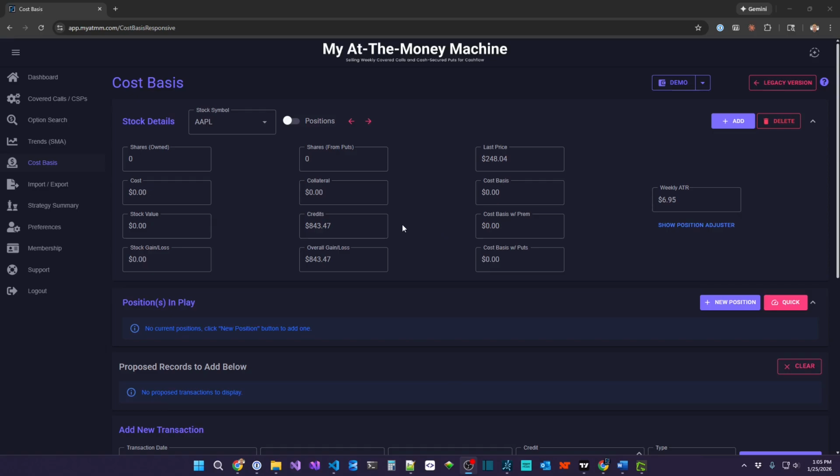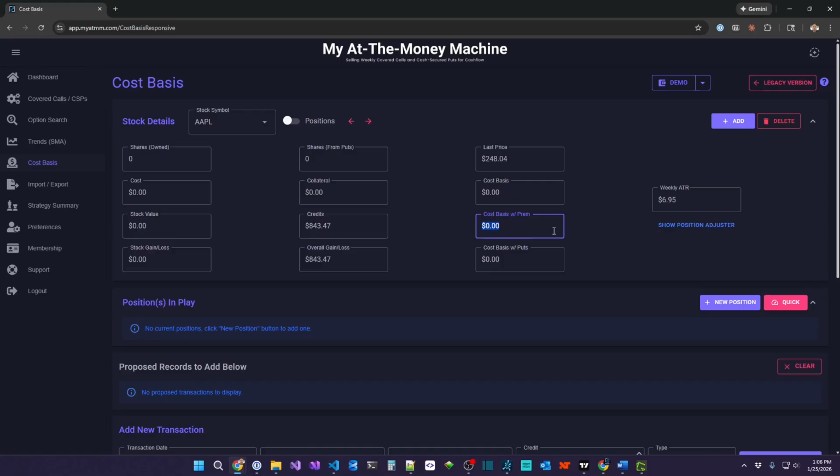Now, the funny thing about it is, if we did start buying some more Apple or whatever, it would recalculate these, but it will always calculate any previously collected credits. So over time, this number will actually get to the point where it could be negative. And I have done that on other stock tickers.